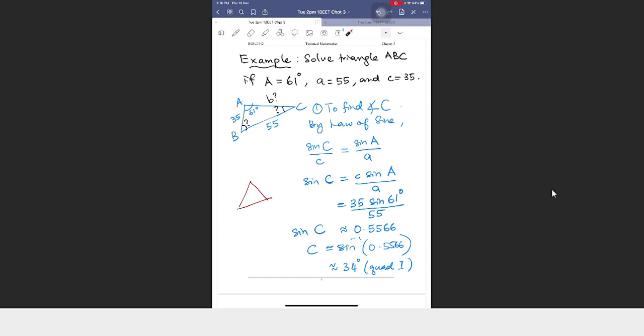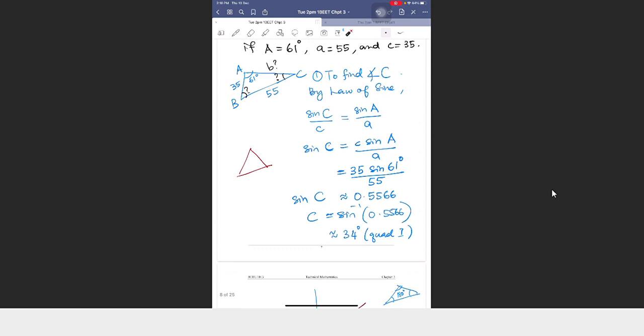So in this case you will start off by finding this missing angle using law of sine. Using the law of sine, you first get one angle from the calculator, which is an acute angle in quadrant 1.